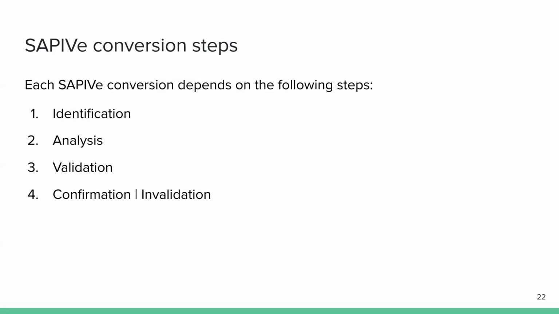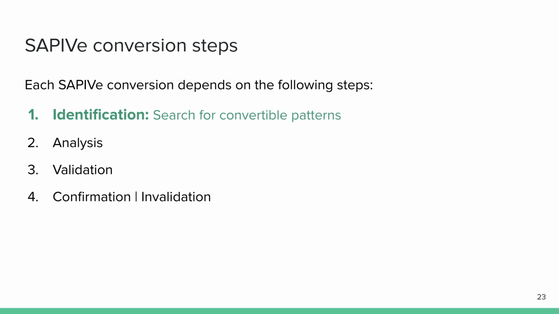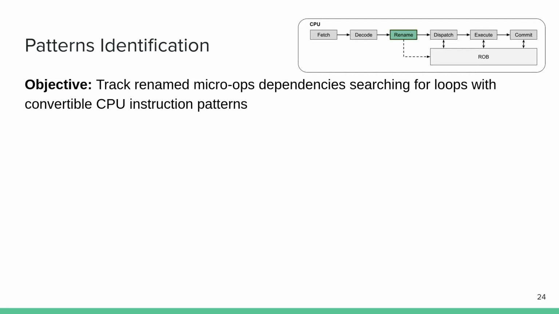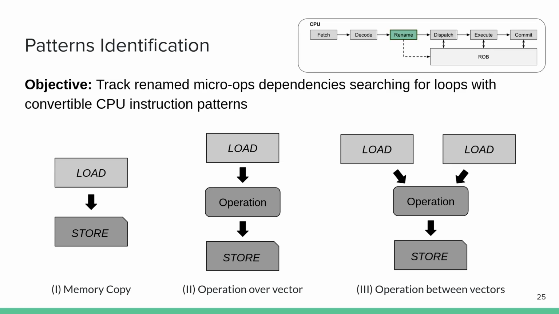In order to do this, Sapive follows some steps. The first of them is the identification, where Sapive searches for convertible patterns. This is done by evaluating each renamed micro-op and searching for one of the VIMA instruction patterns. This pattern should be found inside a loop in order to convert all the loop iterations into VIMA instructions.